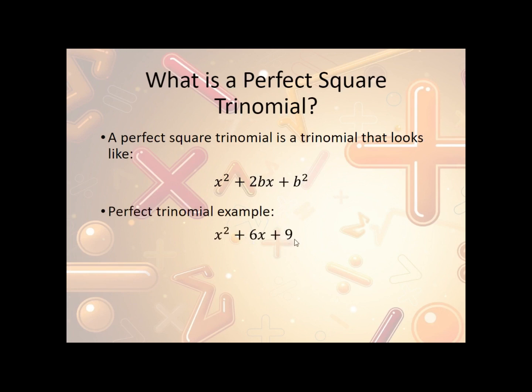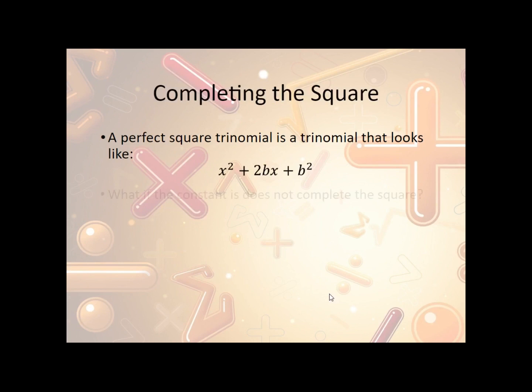So we know that 9 is 3 squared, and 3 times 2 is 6. So this is a perfect square trinomial. When we factor this, we recognize that this becomes (x plus 3) times (x plus 3), or (x plus 3) squared. We'll look at another example.